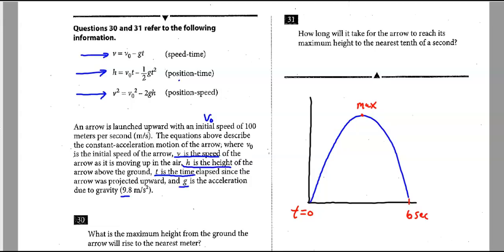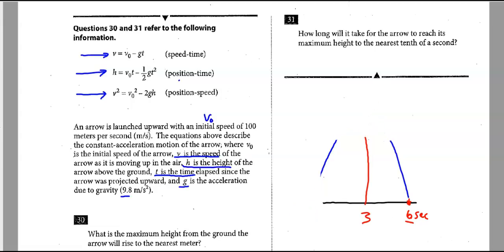One other fact you need to know is the maximum always occurs at the halfway point. So in this case would be 3 seconds. So kind of always understand that on this x-axis, the maximum height's always going to be in the middle of when it takes off and it hits the ground. So I think that's going to probably come into play on this problem.